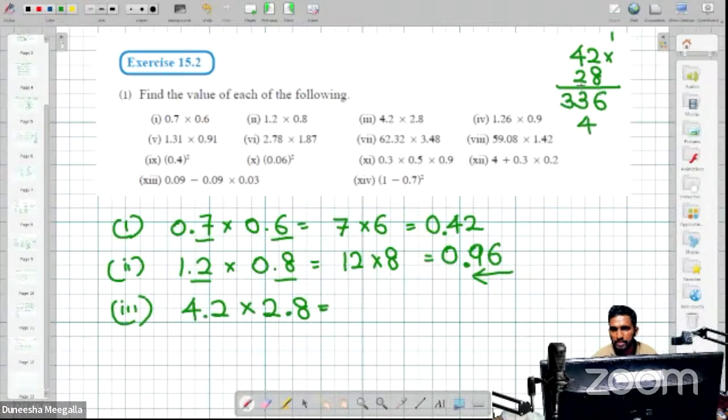Then we get 1176. How many decimal points do we have to keep? 11.76, yes, 2 decimal points.